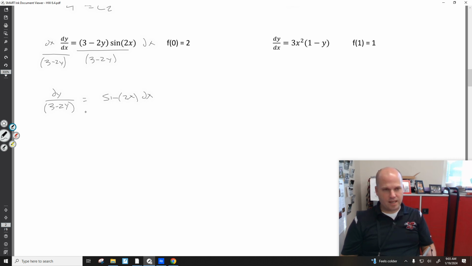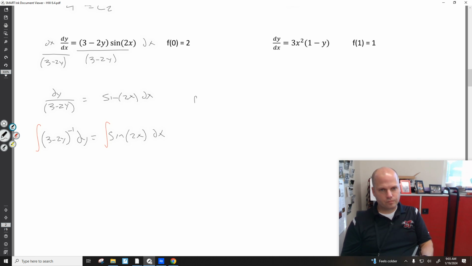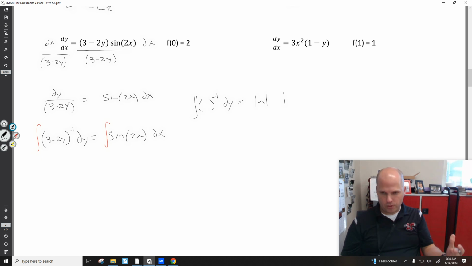Before I take the antiderivative of this, it's helpful to rewrite things as something in the numerator, in this case as a negative first power. And then when we take the antiderivative, we got to take the antiderivative of a negative first power, which is log absolute parentheses.